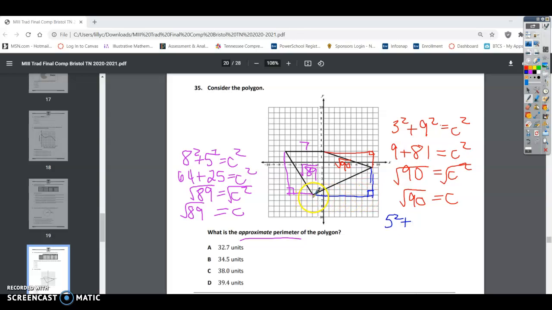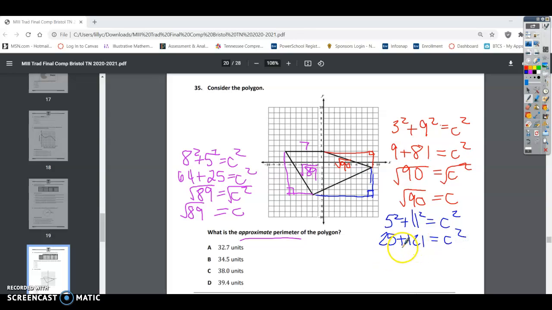And that's from negative 2 to 9, so that's 11 squared. Equals c squared. So 25 plus 121 is equal to c squared.